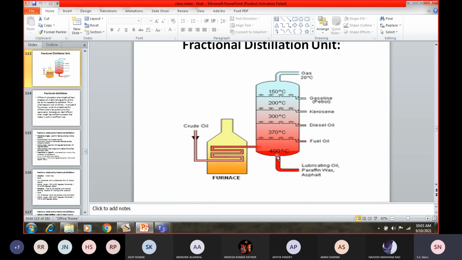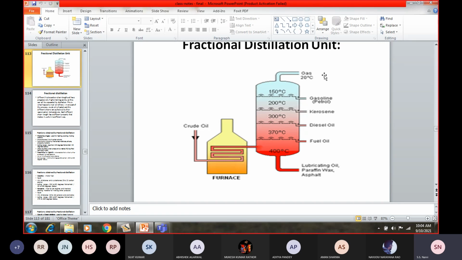So the higher molecular weight components are converted immediately into liquid, and they contain lubricating oil, paraffin, waxes and asphalt. Then the vapor rises at 370 degrees centigrade fuel oil, then 300 diesel oil, isn't it? Both are almost mixed quantities. Then kerosene, gasoline and gases go from the top.